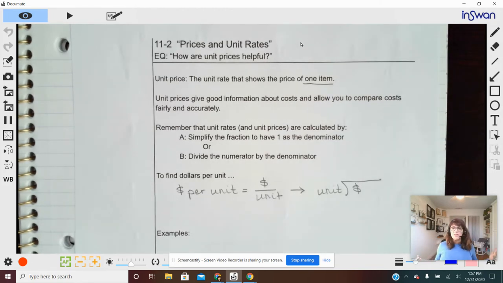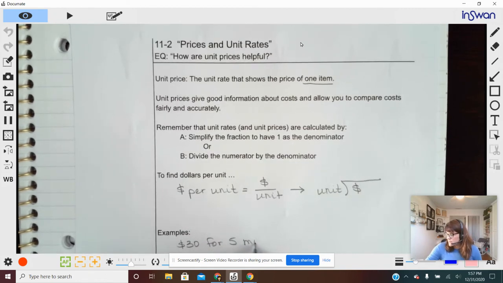Now let's get into a couple of examples and see where what we've learned so far this year will help you with these. The first one is something as simple as: I paid $30 for 5 movie tickets. I can't wait to go to the movies again.